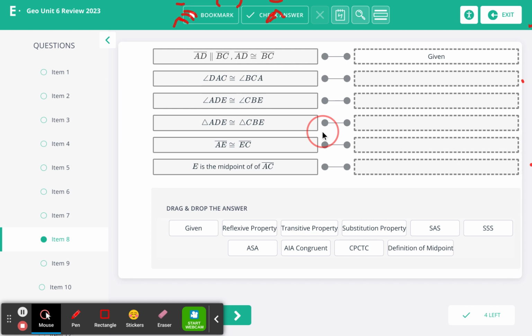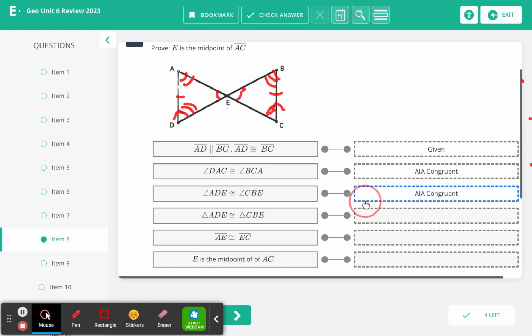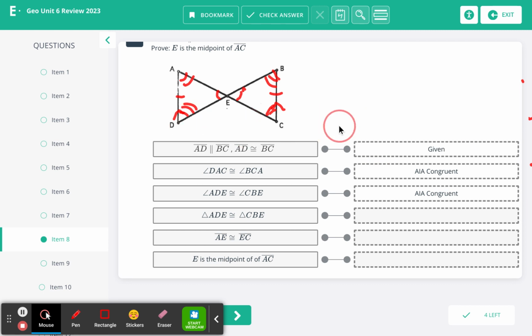We're going to use the same reason for both. Alternate interior angles congruent, alternate interior angles congruent. We have enough information now, right? To be honest, we didn't say anything about vertical angles, so we can't even use the ones that I have marked on here. We can only use the double and triple that are on the ends, but that's going to be angle, side, angle.